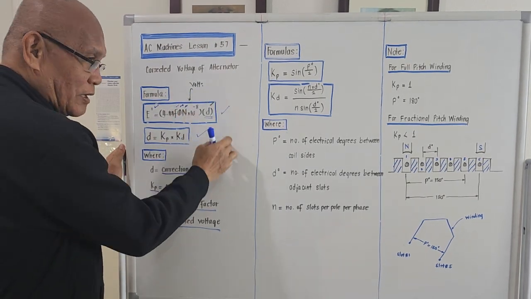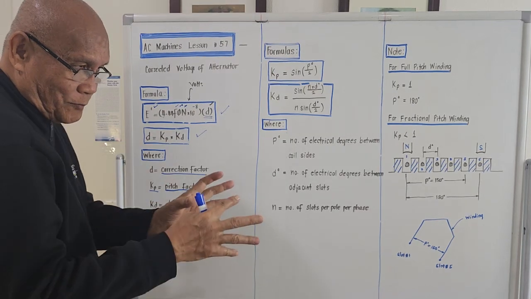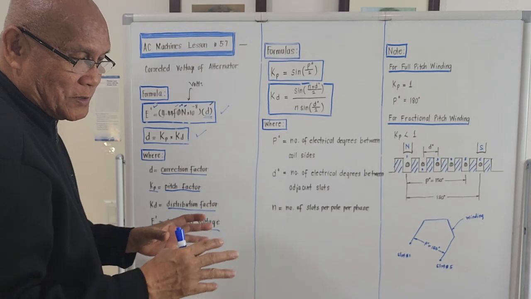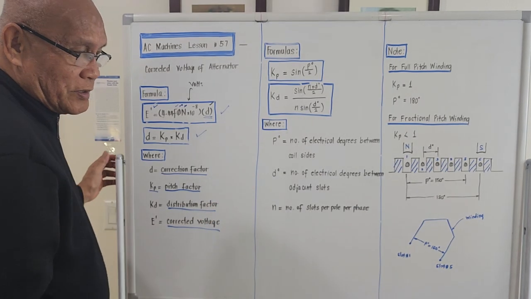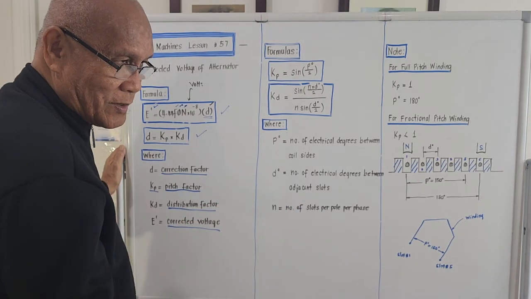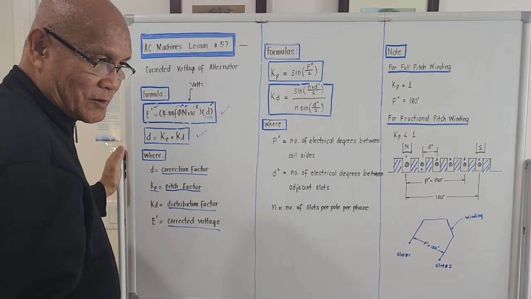These formulas here involve the physical property of the alternator that we are talking about. It involves the physical characteristics, meaning the total number of slots, maybe how many poles the given alternator has, something like that.